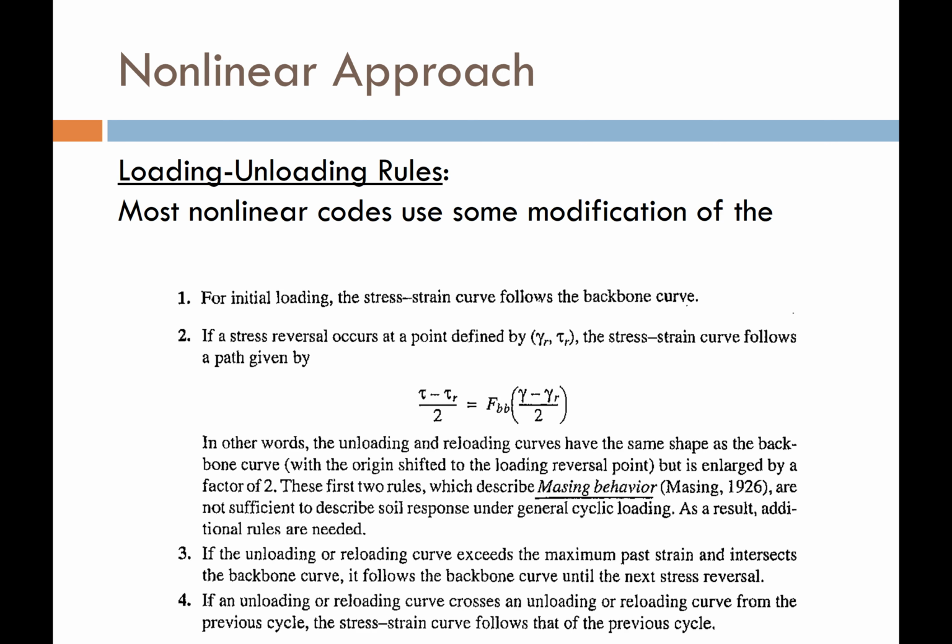So let's talk a little bit about a popular way that constitutive models define how the stress path or the stress strain path works. We call these loading and unloading rules.